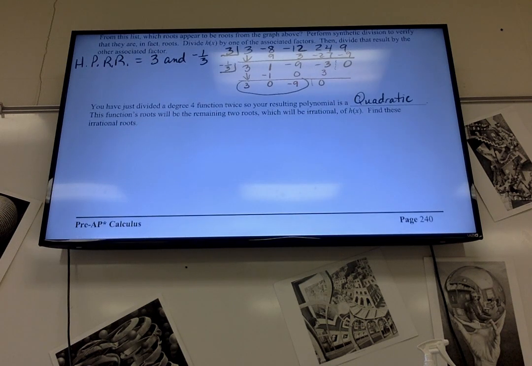We have 3x squared plus 0x minus 9. I don't really need that 0x, so it's just 3x squared minus 9. And a factor. What can I factor out? 3.